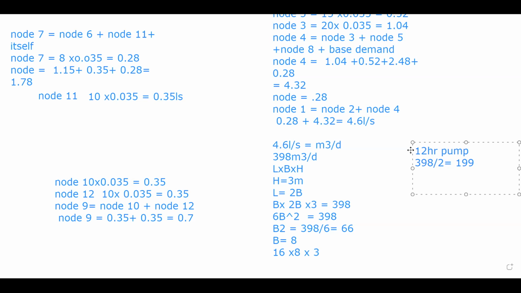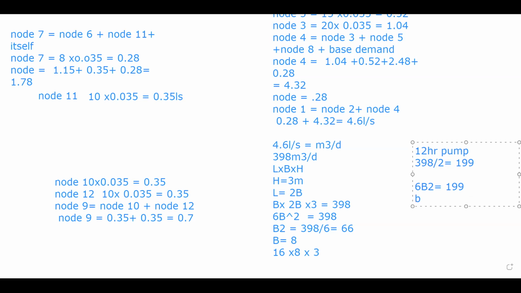So now, if I go back to my formula again, it will still be the same thing, which is 6b squared equal to 199. 199 divided by 6 will give me 33.